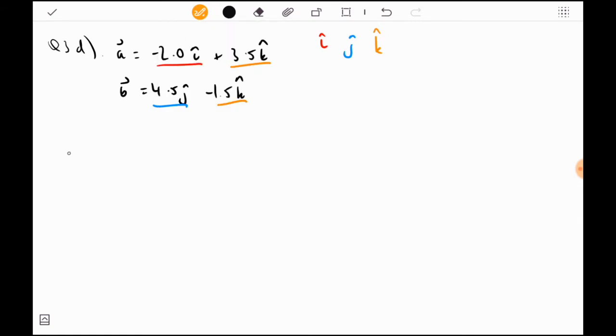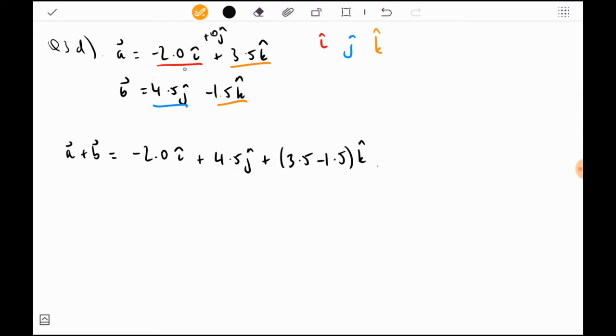So that means that when we add these together, A plus B, you end up with minus 2.0 I, and that just stays the way it is because we're not actually adding anything to it, plus 4.5 J, because that's in the J component. Then you have to go plus 3.5 minus 1.5 K. Because really it's as though there is a little plus 0 J here and plus 0 I, so we don't need to include it when we write it out.